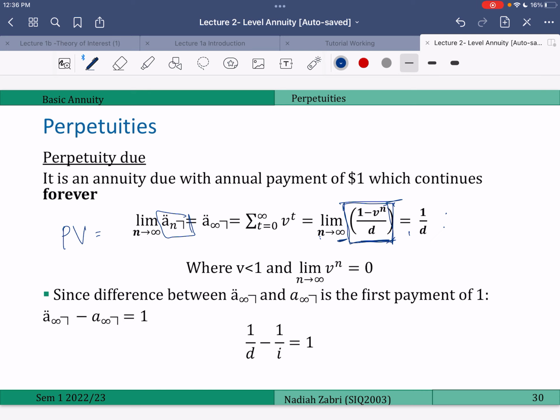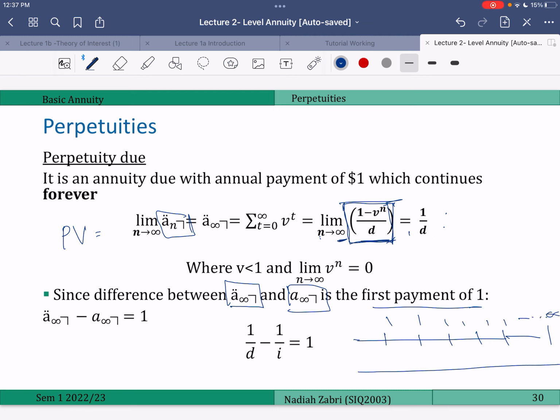So the difference between a-double-dot-angle-infinity and a-angle-infinity is the first payment. Do you see that? For perpetuity immediate, the payments are 1, 1, 1, 1, 1, 1 until infinity.